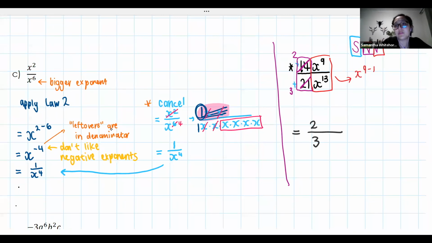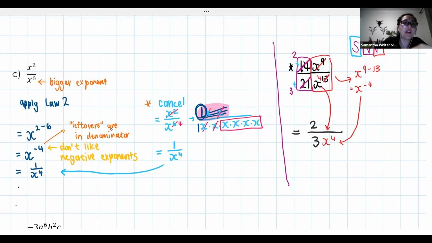Either you subtract the exponents and end up with a negative exponent, which tells you that this must go into your denominator, leaving you with x to the power 4, or you cross cancel. All 9 x's cancel with 9 x's at the bottom, leaving you with 4. So again, x to the power 4 at the bottom.